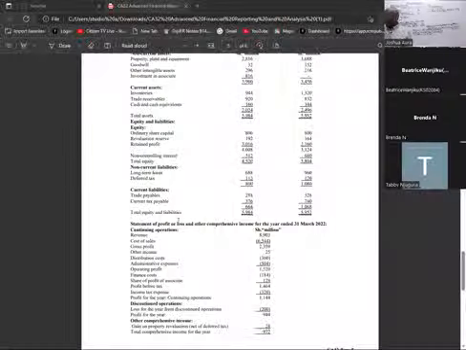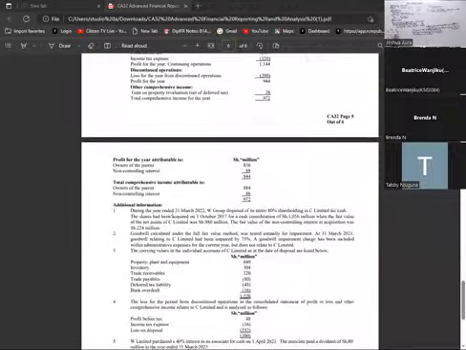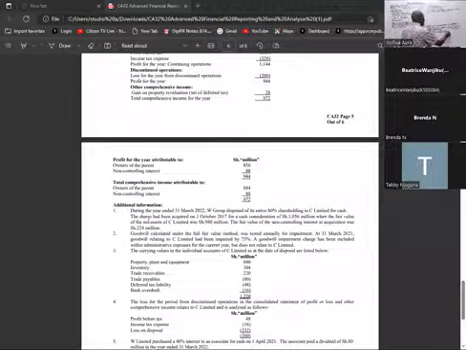Ladies and gentlemen, purchase consideration for this subsidiary that was disposed during the year ended 31st March 2022: W Group disposed of its entire 80% shareholding in C Limited for cash. The shares had been acquired on 1st October 2017 for a cash consideration of 1056. So the cash that was paid by the parent was 1056.